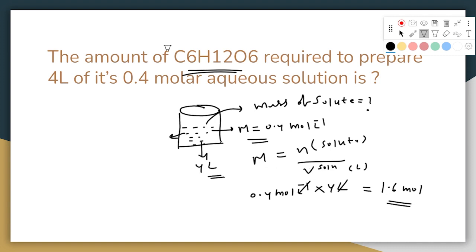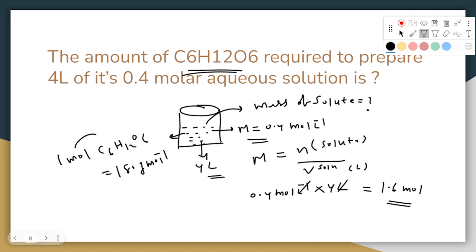Okay, I got 1.6 mole. Now, here I have 1 mole of C6H12O6. What is the molecular weight of this? 180 gram per mole.